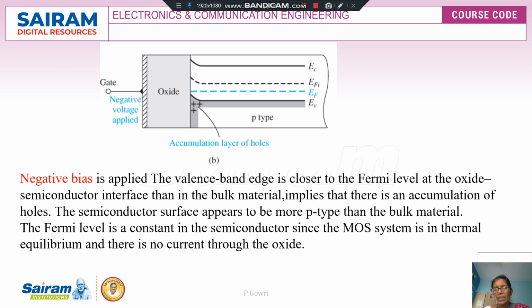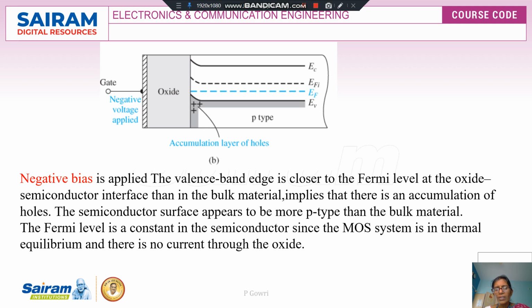We can see in the diagram that there is a change in the curve at the surface, near the interface of the oxide and the p-type material. So the energy level increases. It indicates that it appears to be more p-type than the bulk material.